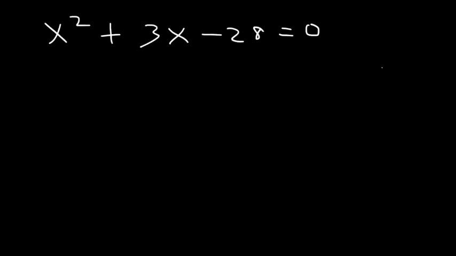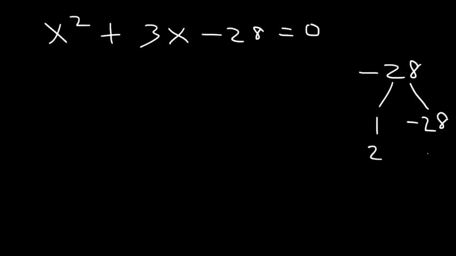Let's try another one like that. Let's say we have x squared plus 3x minus 28. So what two numbers multiply to negative 28 but add to 3? Go ahead and try it. If we divide 28 by 1, we'll get negative 28.